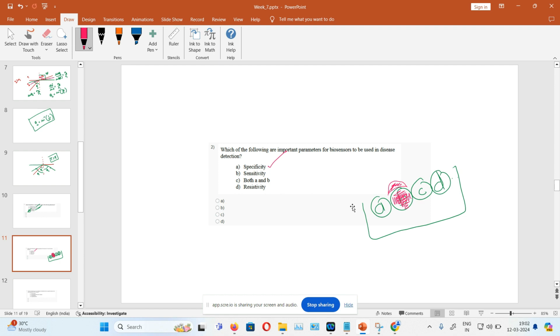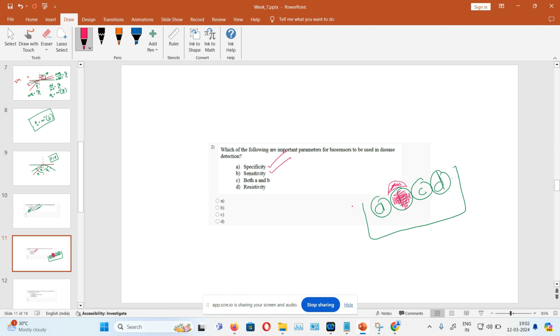It is very good and useful. If a very small amount of the parameter can give a very high signal, we can say that the sensitivity of the detector is very good. So sensitivity is also an important parameter for a biosensor.